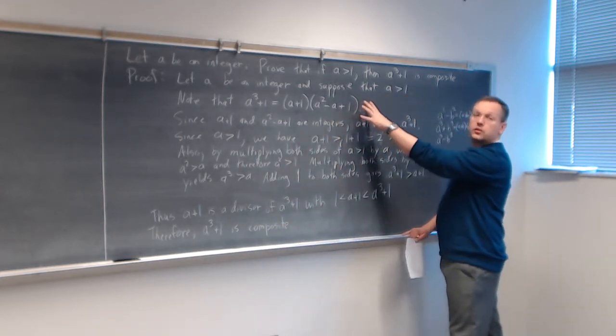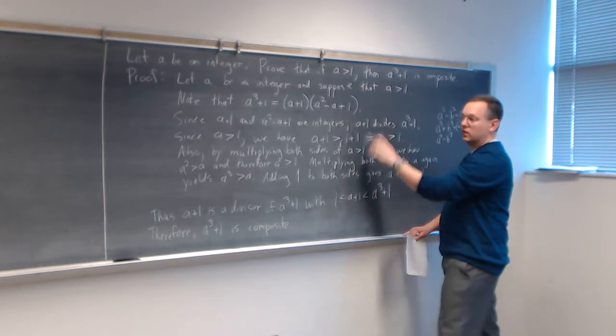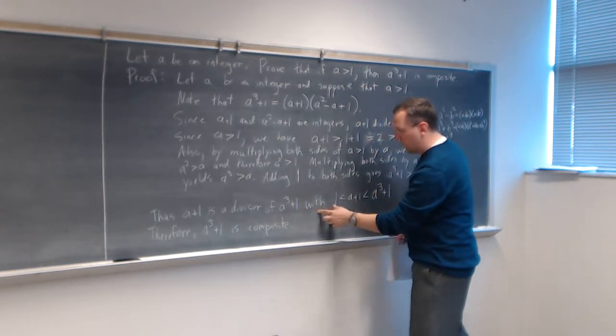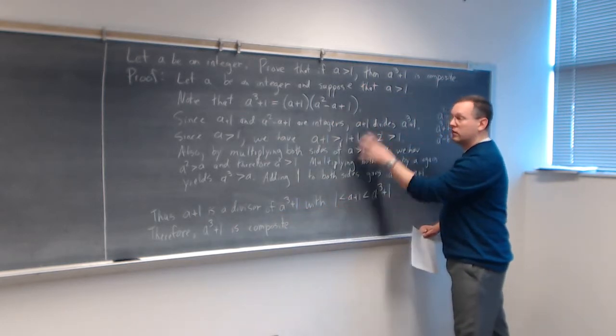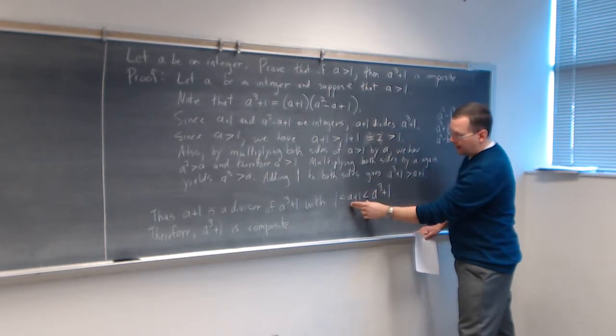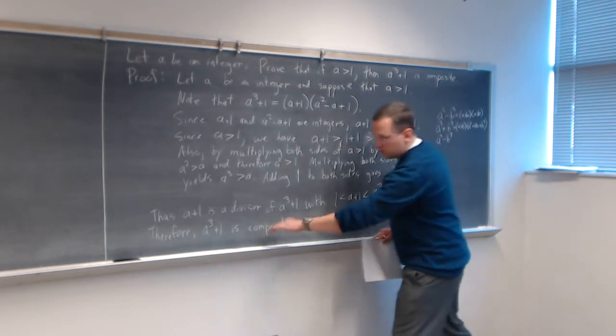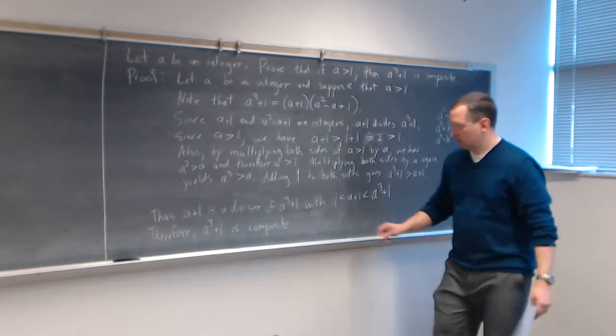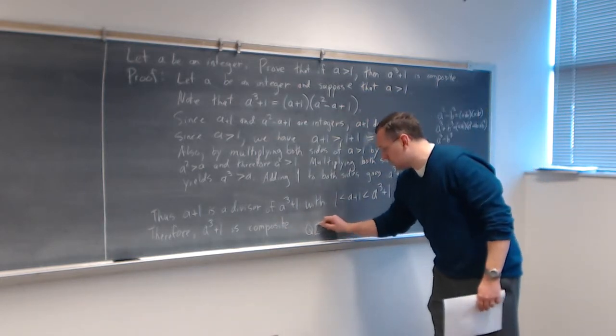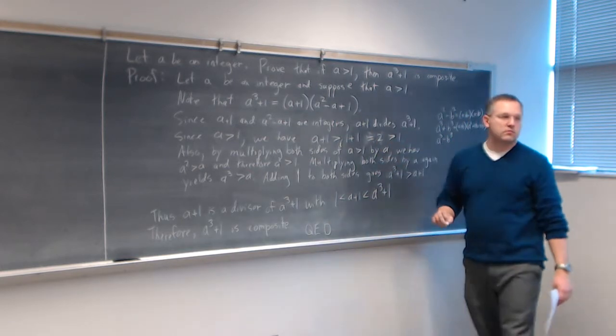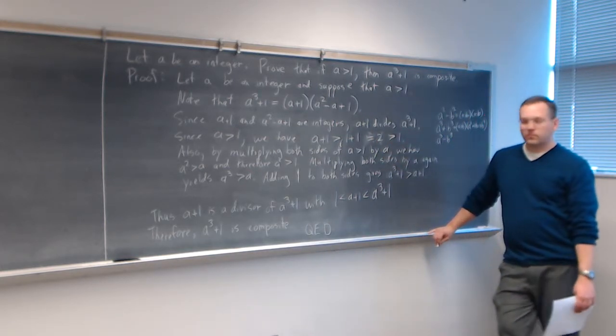That's what I first established: that a plus 1 is a divisor of a cubed plus 1, with a plus 1 greater than 1. And a plus 1 less than a cubed plus 1. Therefore, a cubed plus 1 is composite. This deserves a QED. Just a little box.